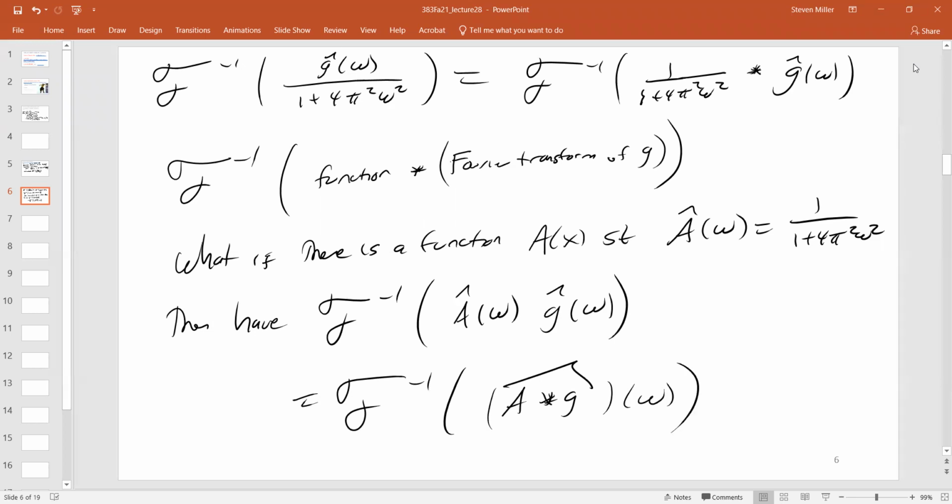Now I'm taking the inverse Fourier transform of the Fourier transform of A star G. So this should hopefully then just be A star G, right? So if we can just recognize that 1 over 1 plus 4 pi squared omega squared is the Fourier transform of something, we're done.